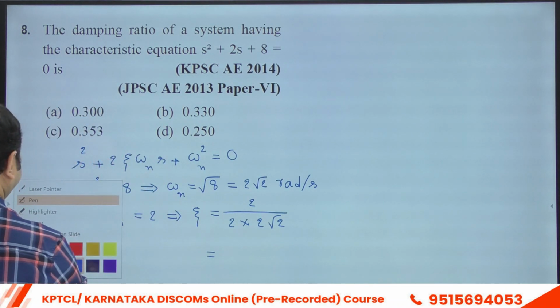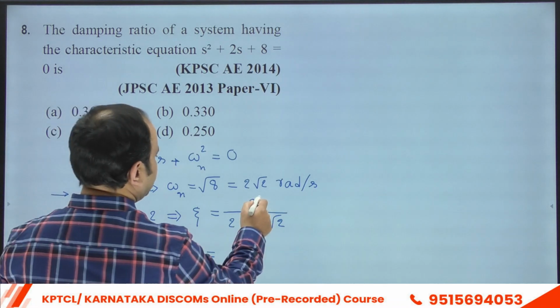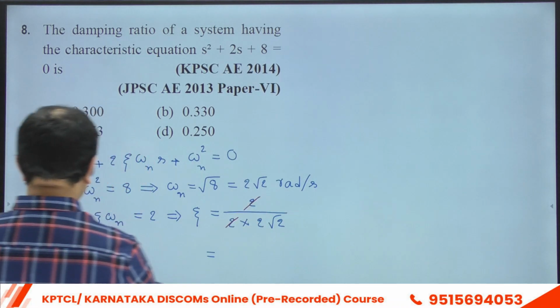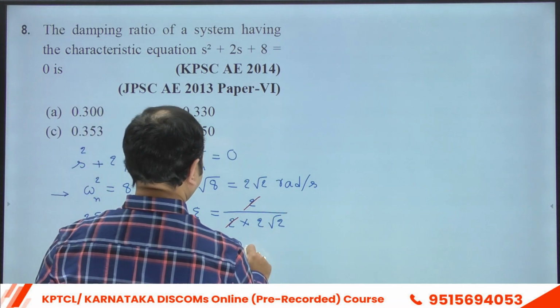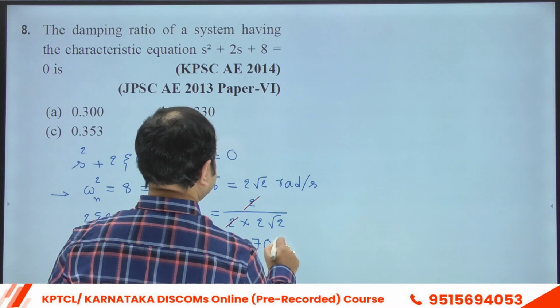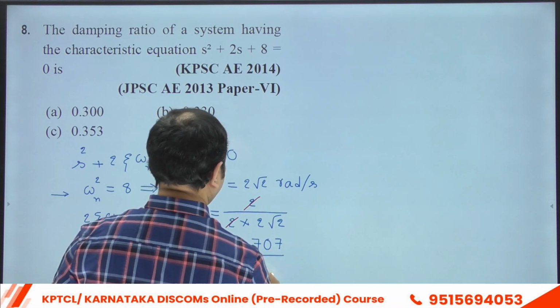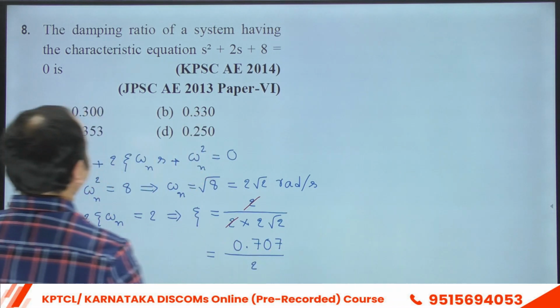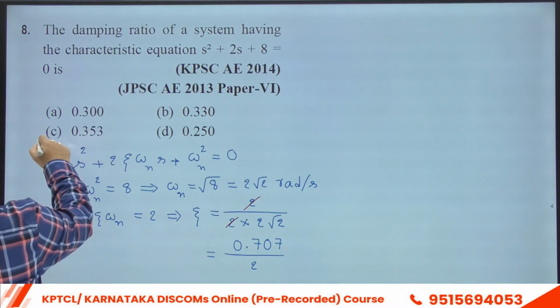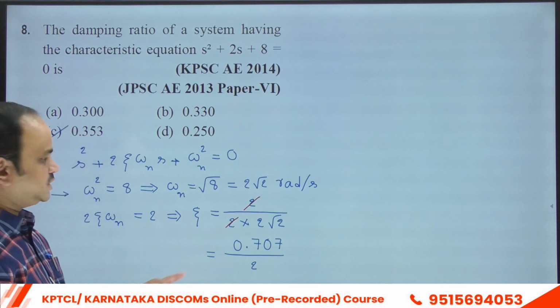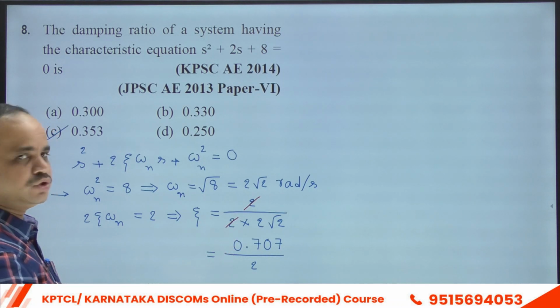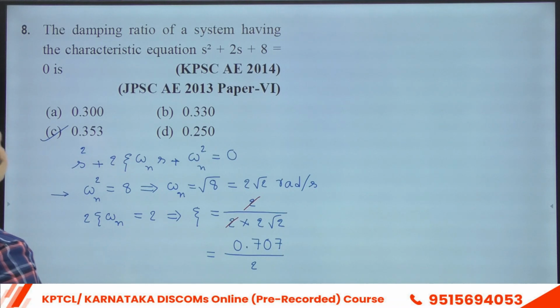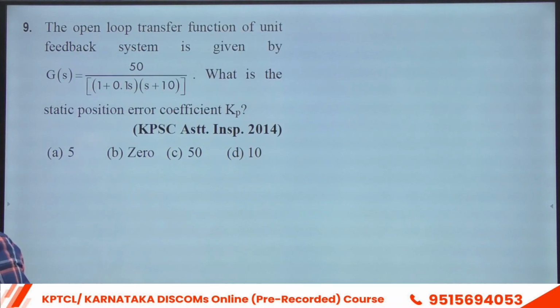Therefore, we can cancel the 2 and 2, and 1 by root 2 is 0.707, divided by 2. So this matches option C. This damping ratio is 0.707 divided by 2, which is 0.3535. Now let us move to the next question.